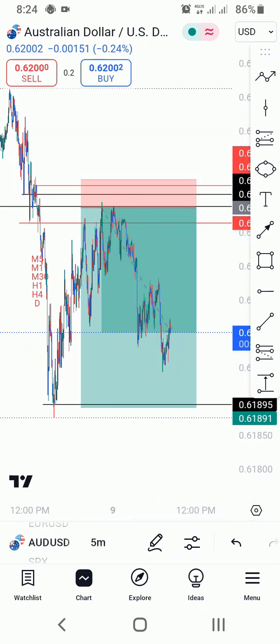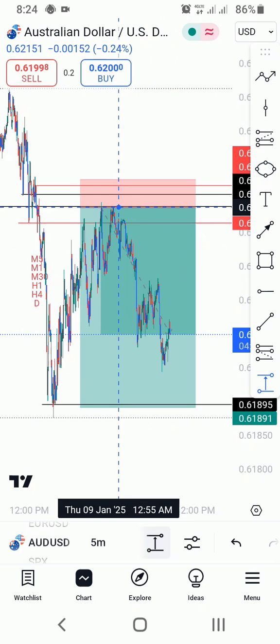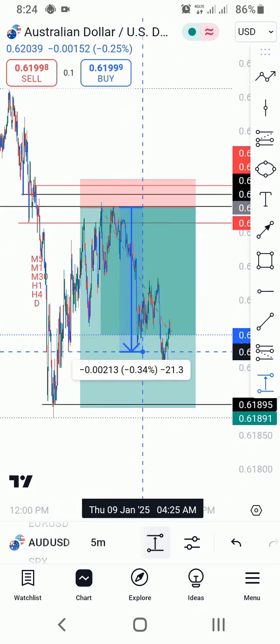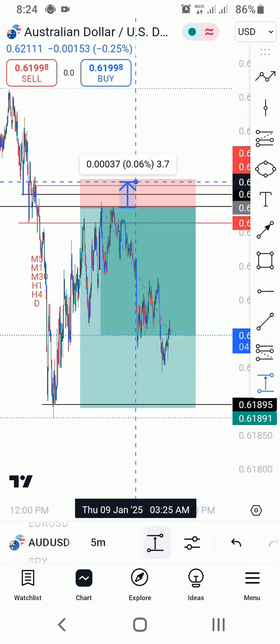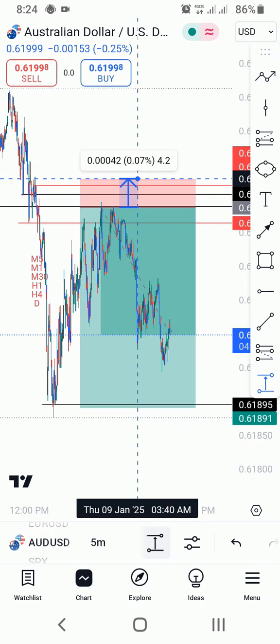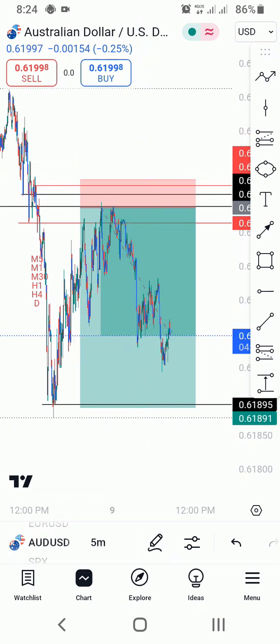How many pips so far have we moved? Let's calculate from above. How many so far? 16, 18 so far. Our stop loss is just 4. Hey, that risk to reward, you get it so far.